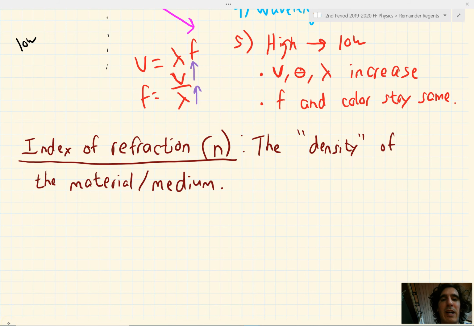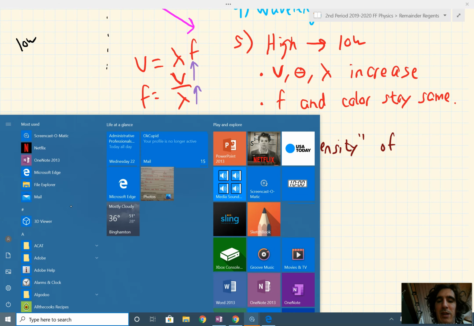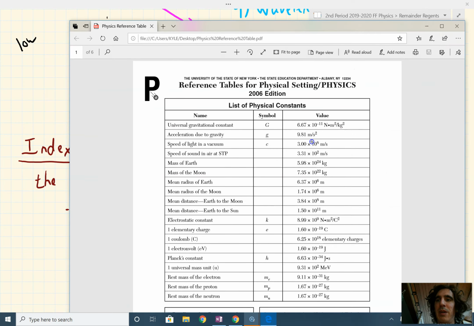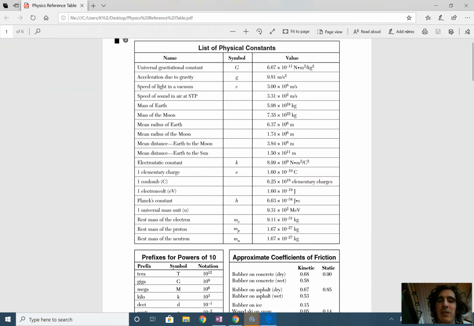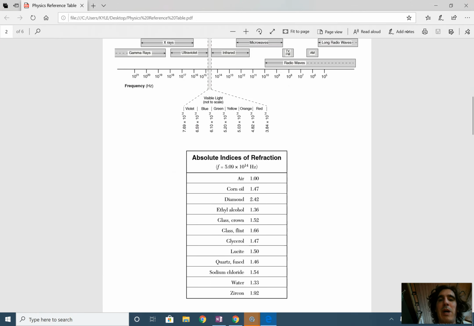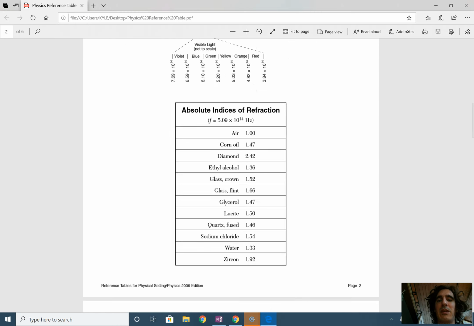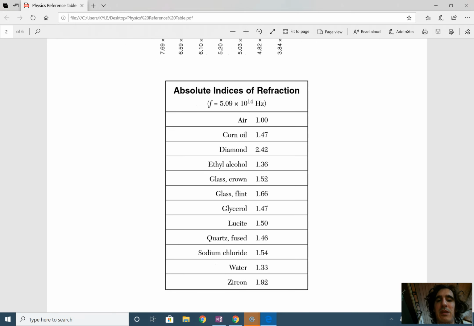The index of refraction is a constant value based on the material, and we could find that inside our Regents reference table. So if we open that up, go to the second page, hopefully. On the bottom of the second page, after the electromagnetic spectrum, we can see that there are indices of refraction.